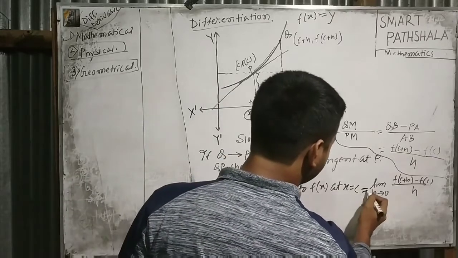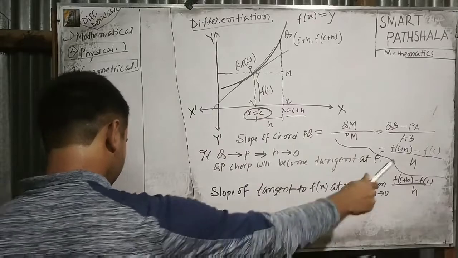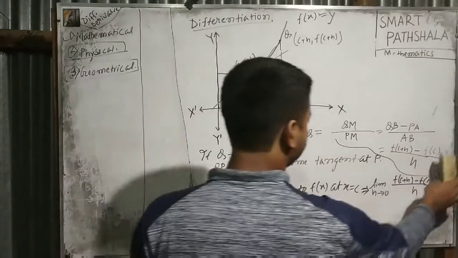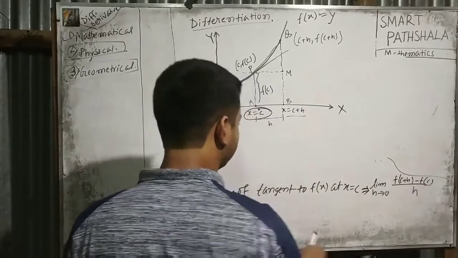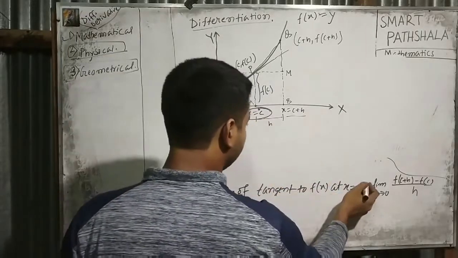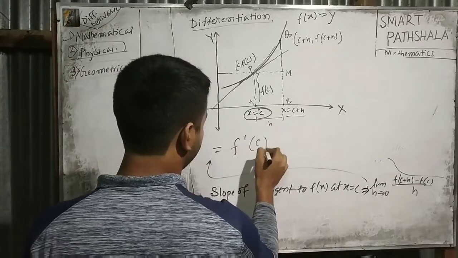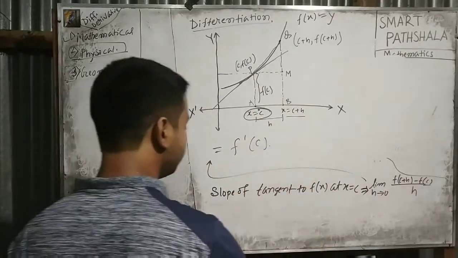X equal to c. This gives this thing. That is the derivative. Now, if you write it more clearly, you will be able to write f dash c, right? Where c is a certain point.